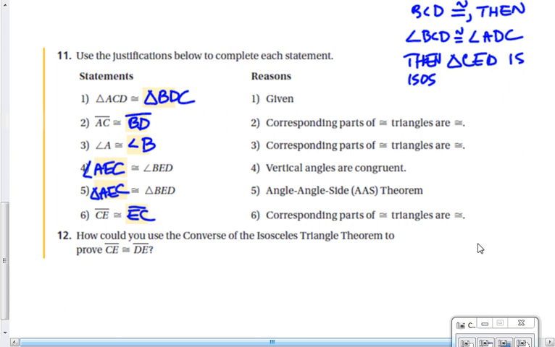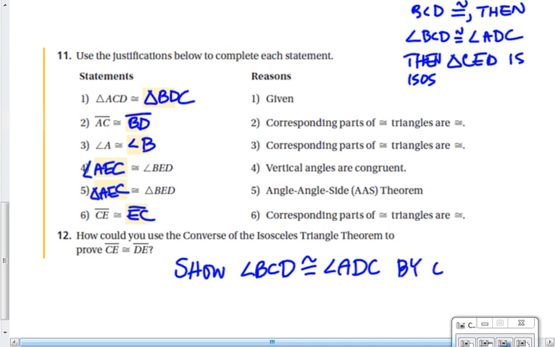The proof you just did was kind of a long way to do it. You could just show angle BCD is congruent to angle ABC, and that's by corresponding parts of congruent polygons are congruent.